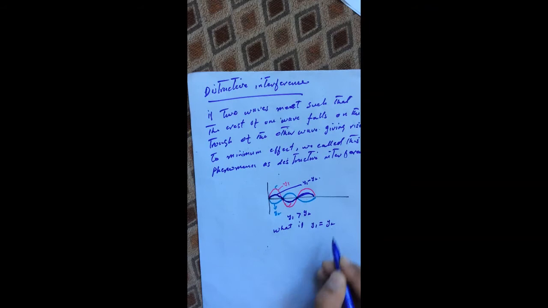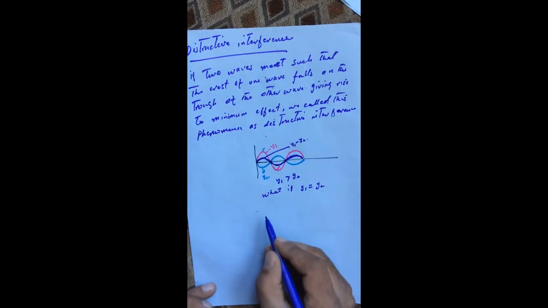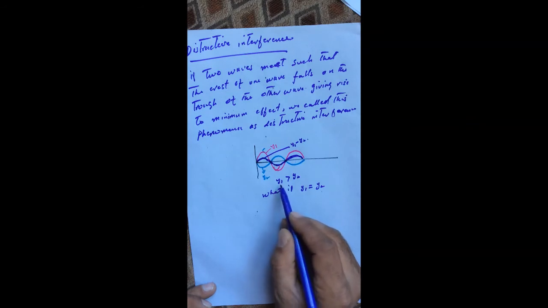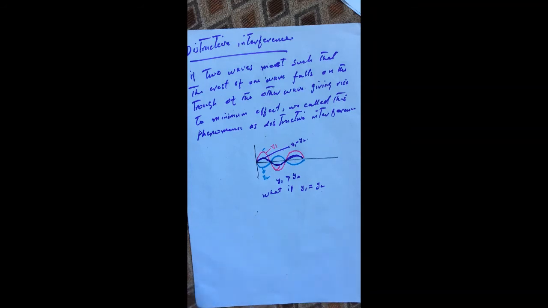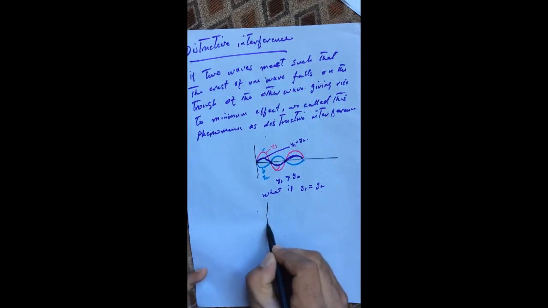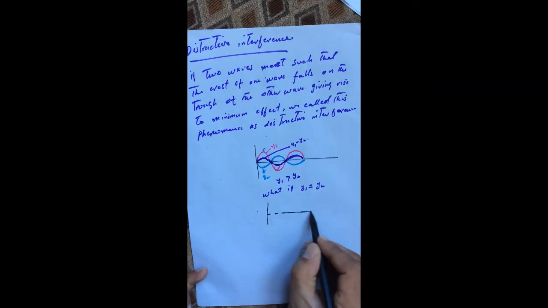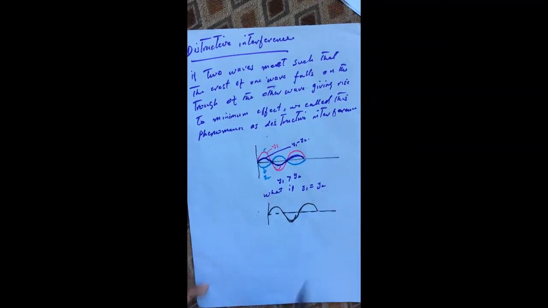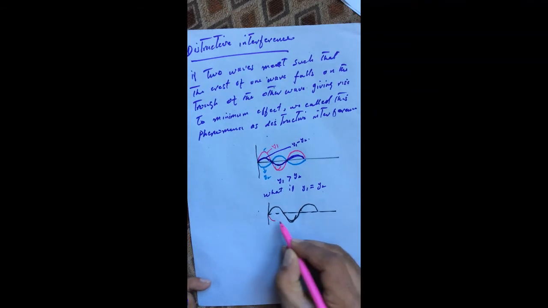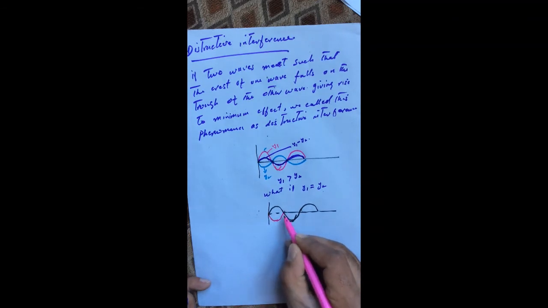So what if y1 is equal to y2? Like the amplitude of y1 is equal to the amplitude of y2. In this case, we have a condition like this. Suppose this is wave 1, and let's suppose we have another wave, wave 2, such that both have equal magnitude but are 180 degrees out of phase.